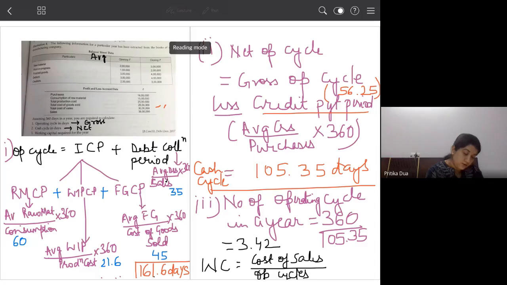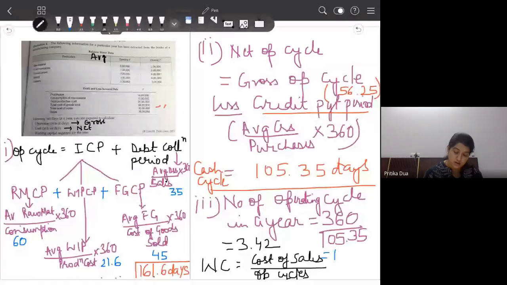So how much is the value coming to? 8,77,193. Okay, so for the year, this is the working capital requirement, 8,77,193.